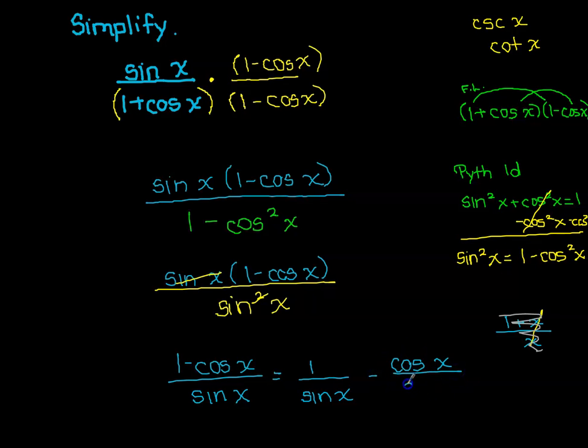And then you're going to go into your trig identities because you really shouldn't have a trig function left over in the denominator if you don't have to. 1 over sine, if you look under the reciprocal identities, is equal to cosecant. And under the quotient identity, you'll see that cosine over sine equals cotangent. And now it's simplified.